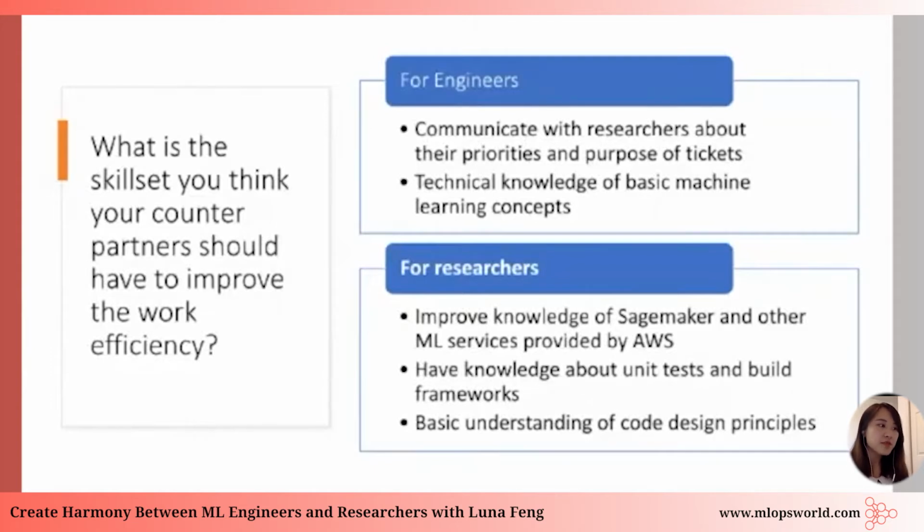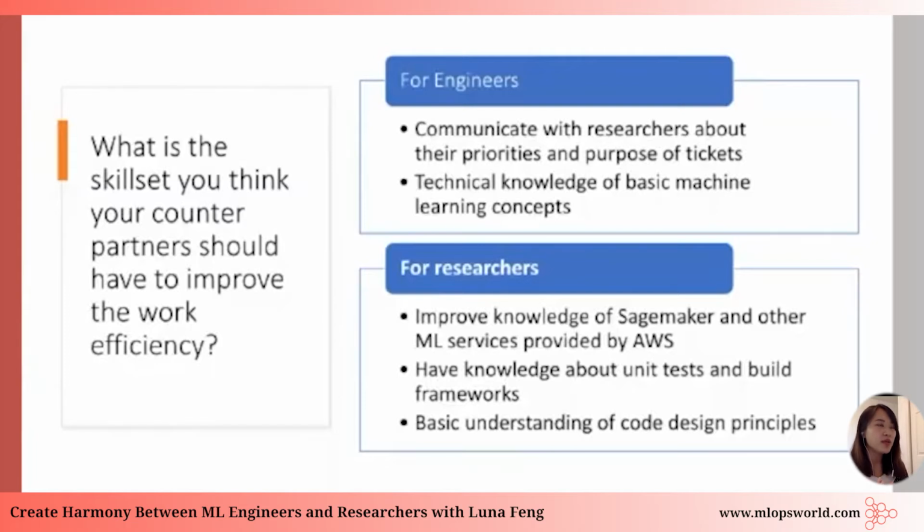From engineers' perspective, they think if researchers can improve their knowledge of SageMaker and the other machine learning services provided by AWS, for example, it will help improve their working efficiency, such as hyperparameter tuning, keeping track of the model, and so on.